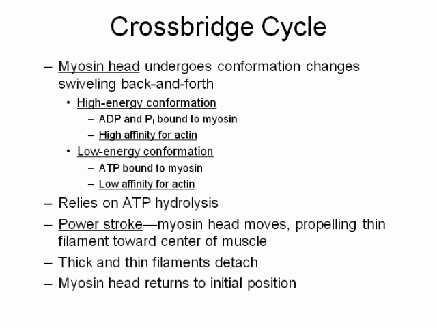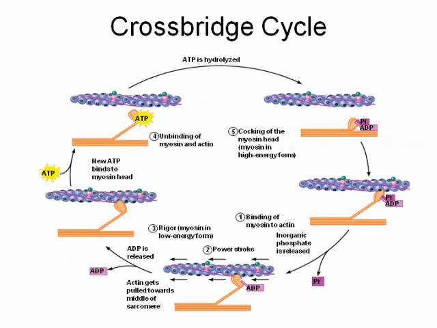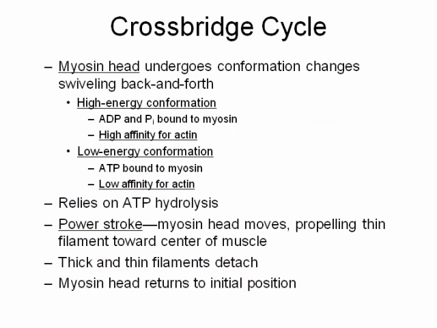Now keep in mind that the head contains an ATPase, so it's bound to the ATP. But of course, ATP will break down into ADP plus a phosphate. So on the diagram we see here, we have the ATP binding and then dissociating into ADP and phosphate.